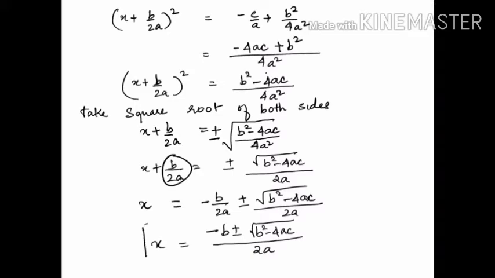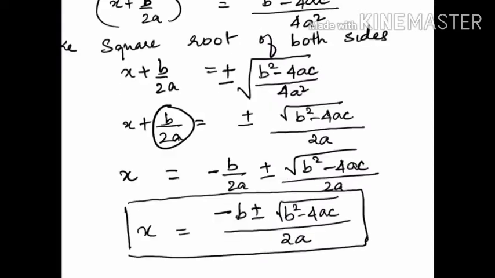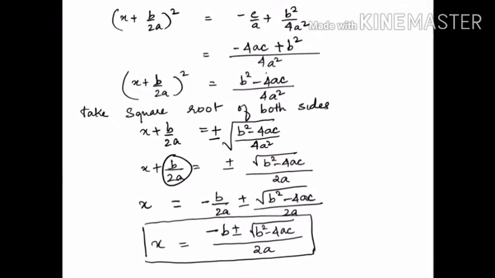So this is the quadratic formula, which is in terms of the coefficient of x, x square, and the constant of the quadratic equation.